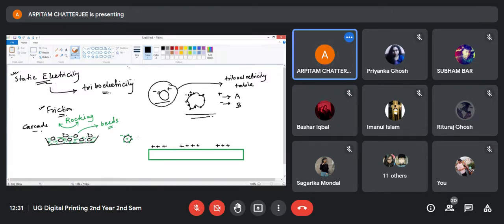Okay, and in this case, what is going to happen when you introduce this bead mixed toner over here? So basically, you have structures like this. Here also they will be here, because we are not putting it selectively.